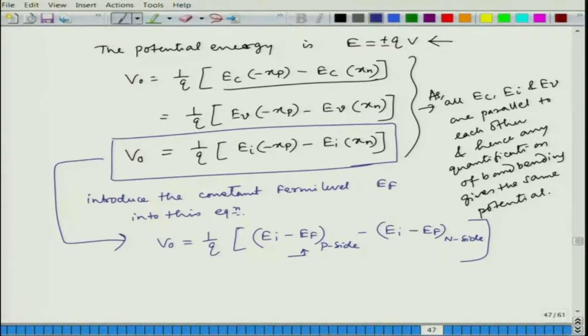So, we have separated out the p side and n side, and in the p side the shift in Fermi level you can quantify with the amount of doping, right, and in the n side also that can be quantified with the amount of doping. So, this we will see in the next class. Thank you very much for your attention.